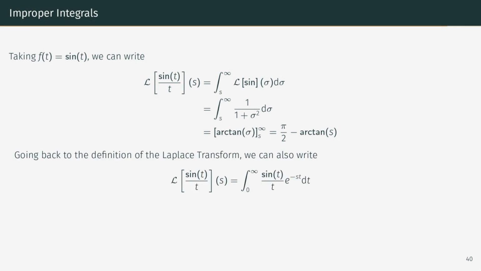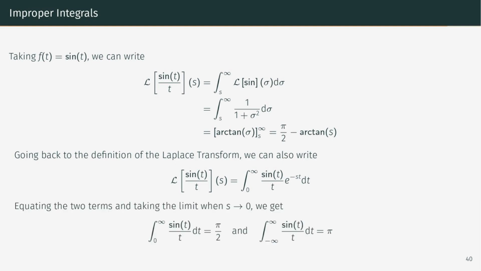Going back to the definition of the Laplace transform, we can also write that the Laplace transform of the sine of t over t equals the integral of the sine of t over t times e to the negative st dt from 0 to infinity.